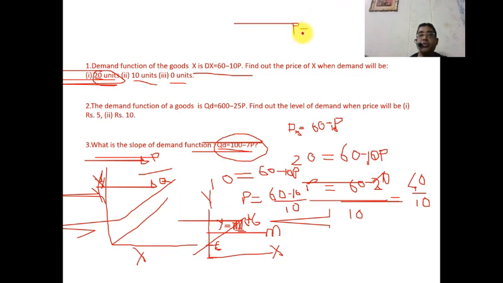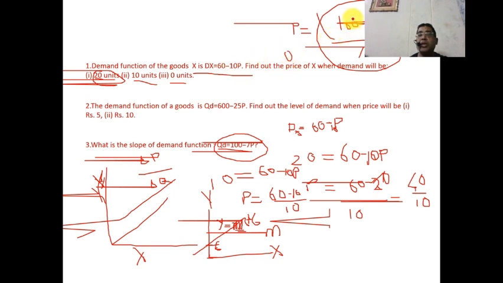P equals (100 minus Qd) divided by 7. And differentiate this whole p with respect to Qd.